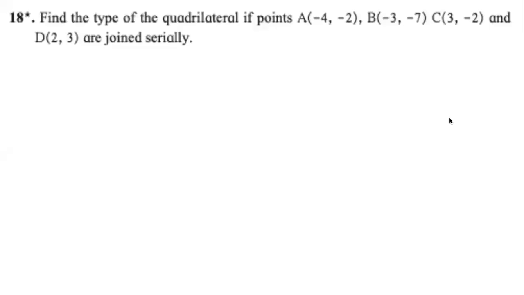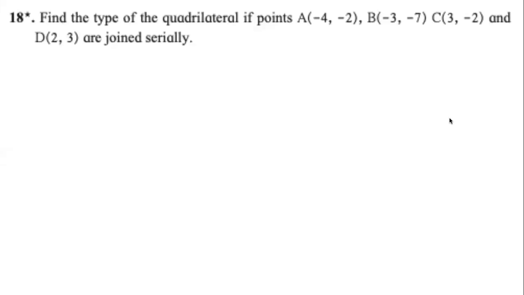I think for me, this is one of the most interesting questions of the chapter. It forces us to do certain things. It forces us to not take any shortcuts. It says, find the type of the quadrilateral. So 4 points are given: A (-4, -2), B (3, -3)... -7, C (3, -2), and D (2, 3).